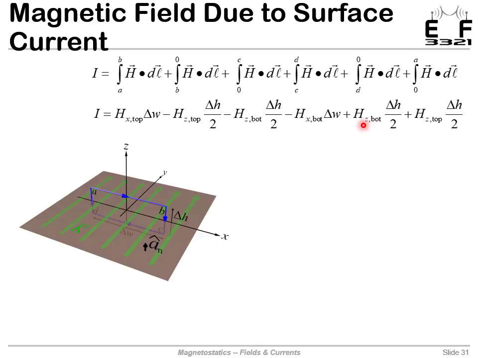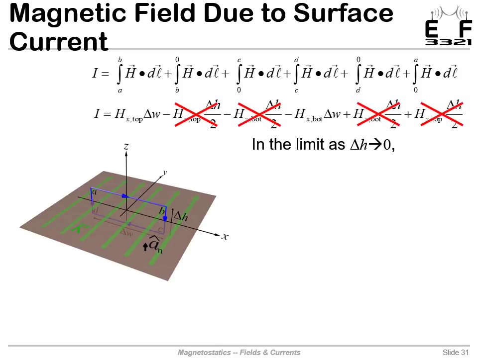Z component of H on the bottom, and the length, of course, is delta H over 2. And the last part of the integration is going from 0 to A, also in the positive z direction, so we have a positive sign. Z component of the magnetic field on the top, and the length of that line integral is delta H over 2. So that is our line integral.